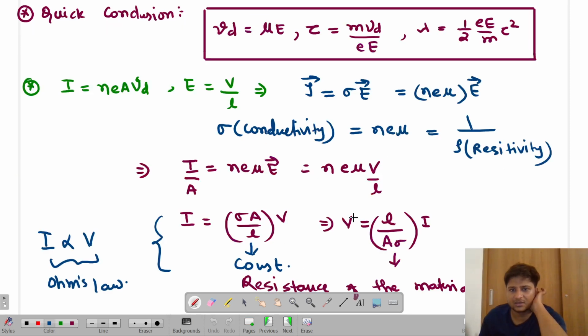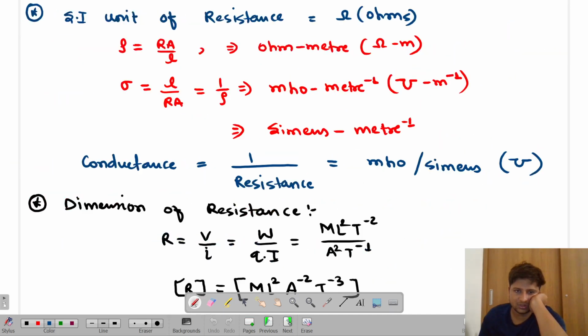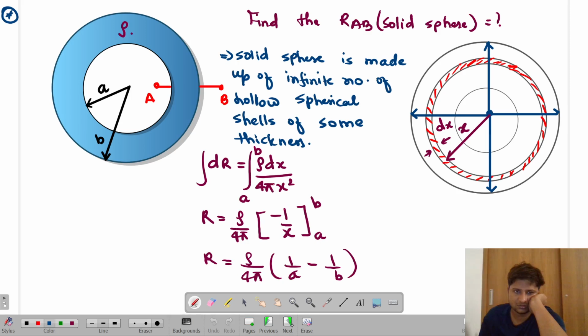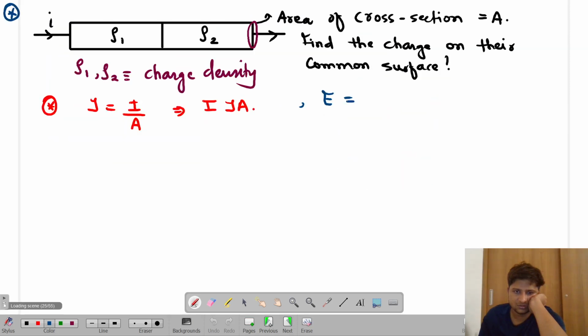I think we have J is equal to sigma E. So E is equal to what? And basically this sigma is called what? Conductivity. Are you able to get me or not?